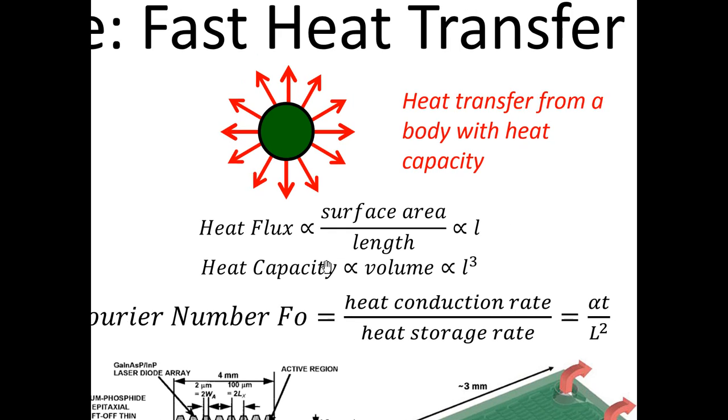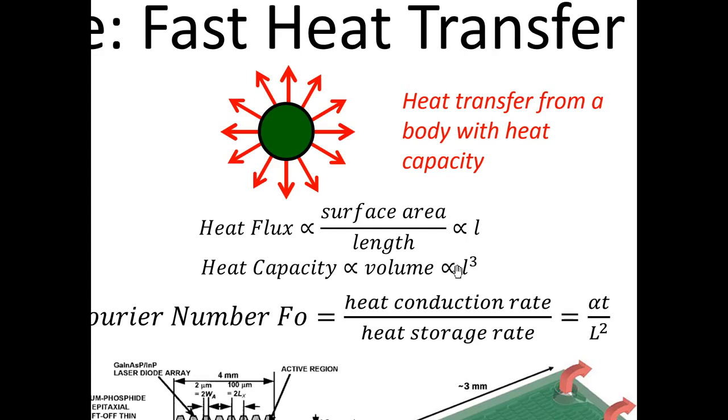The heat capacity scales with the volume of the object, so that's length cubed. The more massive an object is, the larger the heat capacity. The heat capacity is the mass of the object multiplied by the specific heat. The specific heat is a material property.